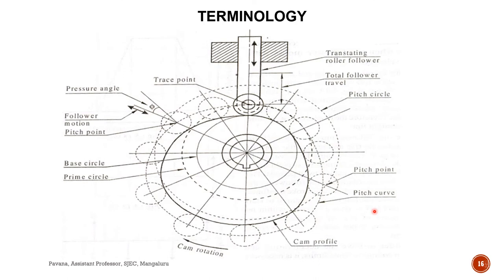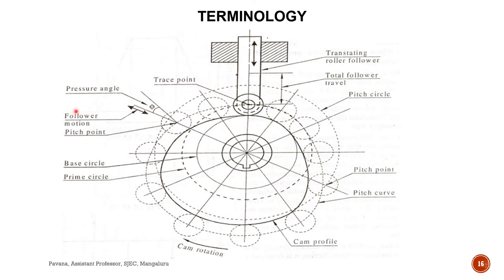For a knife edge follower, the pitch curve and the cam profile are always the same. Whereas for the roller follower, it will be more; it will be related to the radius of the roller.